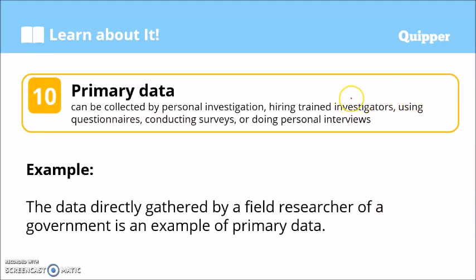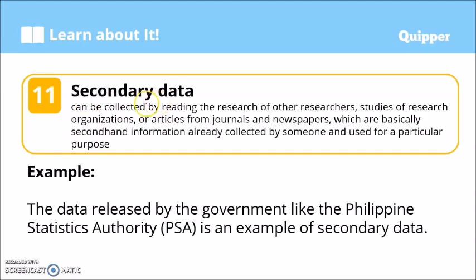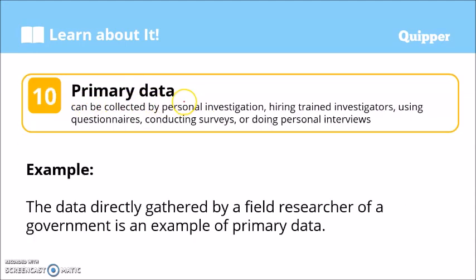Okay. We also have what we call classifications of data according to the source, based on the source of the data. So we have what we call primary data and also secondary data. Ano ba yung primary data?